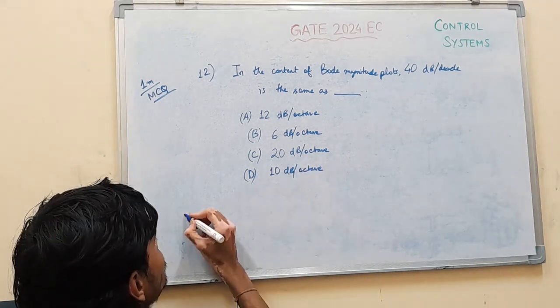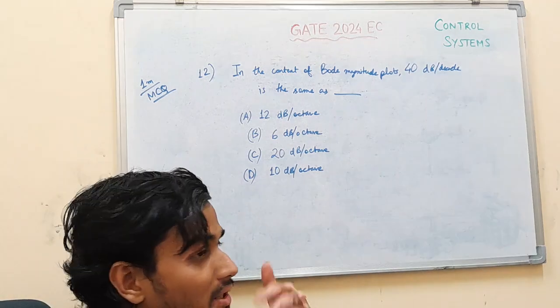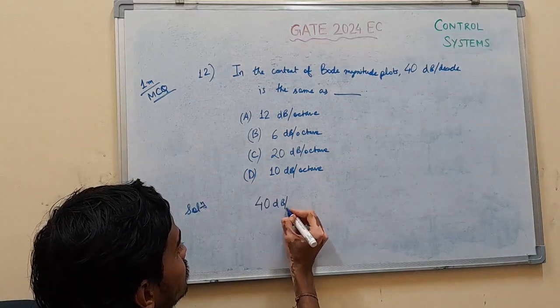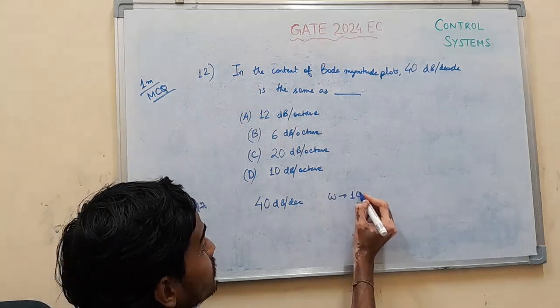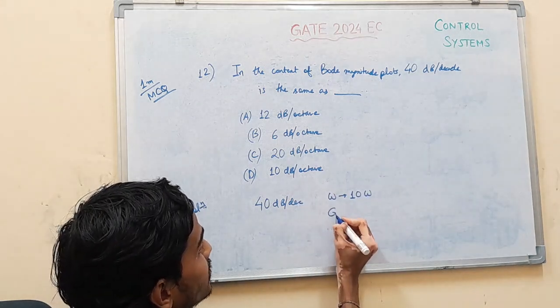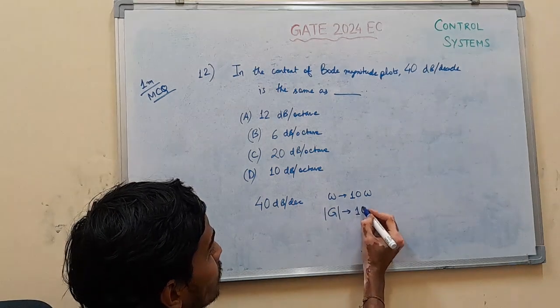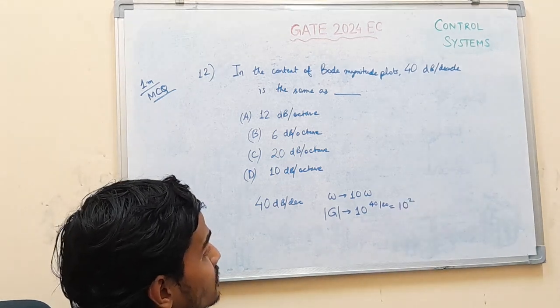Let's move on to the solution for this question. It's a pretty simple question actually. 40 dB per decade, that is, when omega is increased by 10 times, gain increases by 10 to the power 40 by 20, that is 100 times.